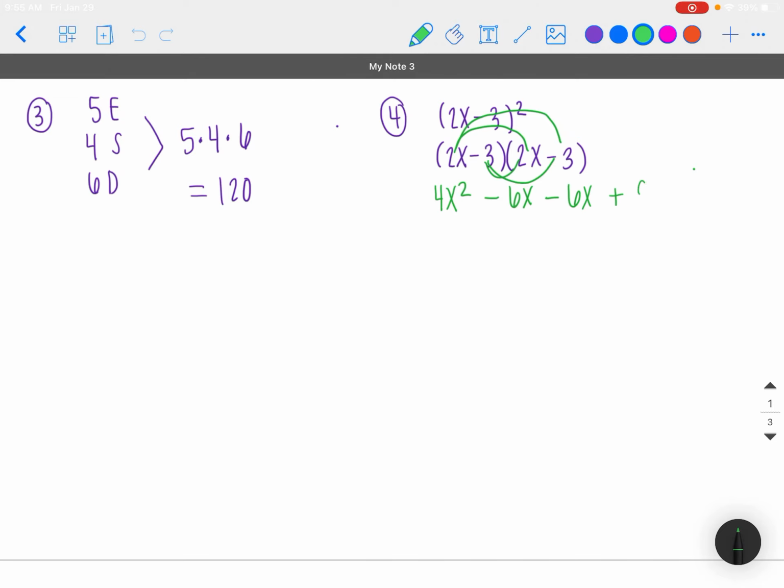And -3 times -3 is +9. So 4x squared minus 12x plus 9. So 4 is my A, -12 is B, 9 is C. And it's asking A plus B plus C. So 4 plus -12 plus 9 is 1, which is C.